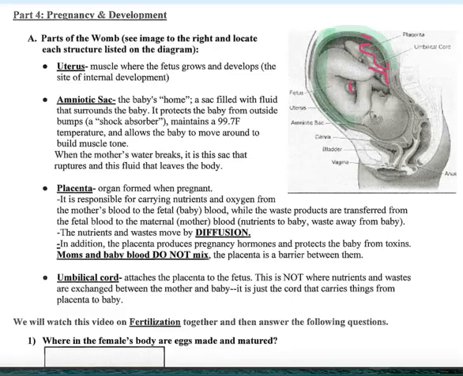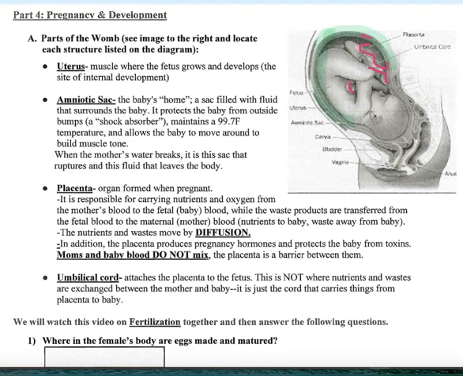That's formed when the woman becomes pregnant, and it's responsible for carrying nutrients and oxygen from the mother's blood to the baby's blood. So everything that goes through the mother's blood, the baby is going to wind up getting. This is why it's really important not to drink, do drugs, vape, any of that while you're pregnant, because all of that gets to the baby.